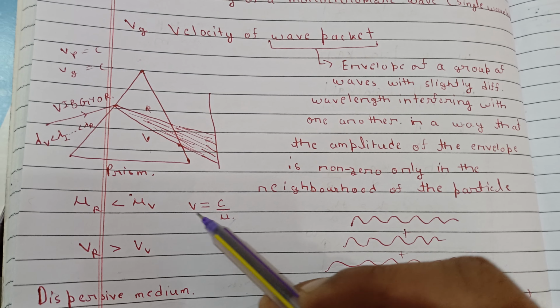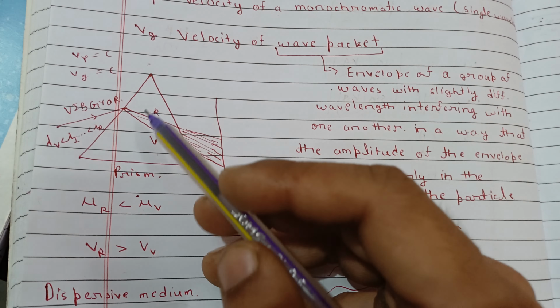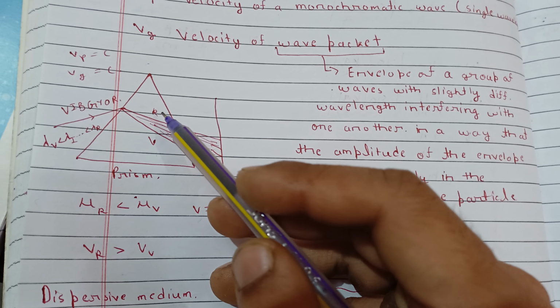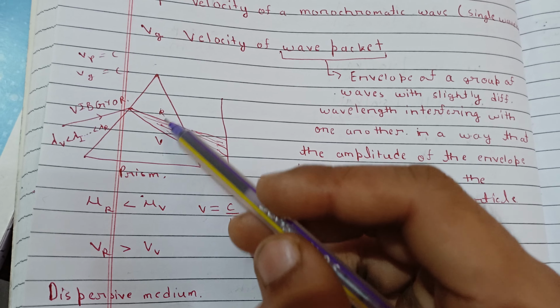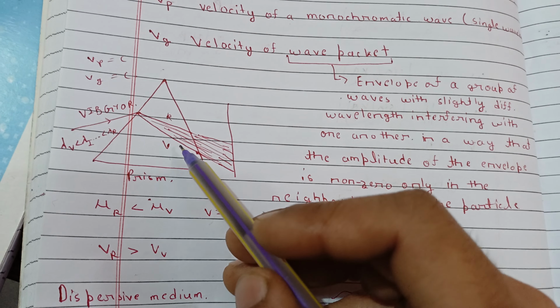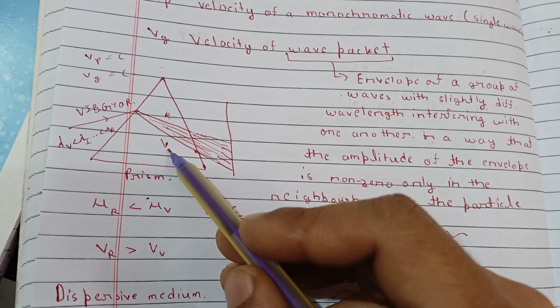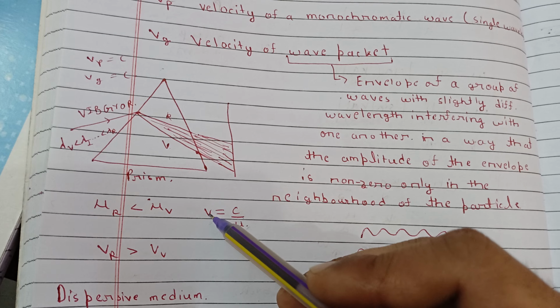The more the refractive index, the less the velocity. So the refractive index mu for red is very less, that's why we have a large value of v inside for red, and low for violet, because lambda for violet is less and refractive index will be larger for violet, and when it is larger, v will be small.